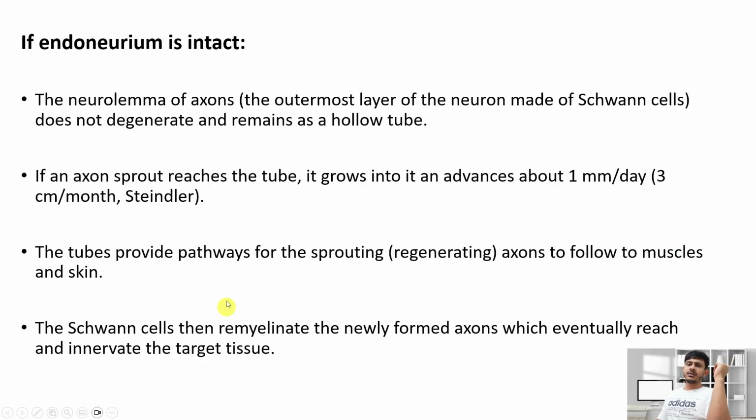Why the endoneurium being intact is important is because the neurolemma of axons, the outermost layer, does not degenerate and remains as a hollow tube. As the axon sprout reaches the tube, it grows and advances at 1 mm per day. The endoneurium provides a pathway for the regenerating axons to follow to the distal axons which innervate the muscles and the skin.